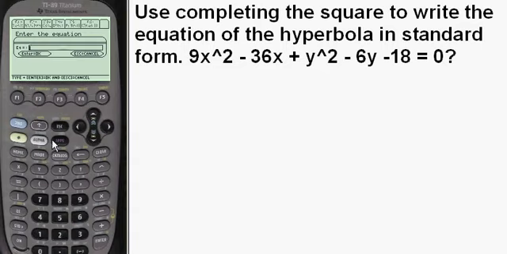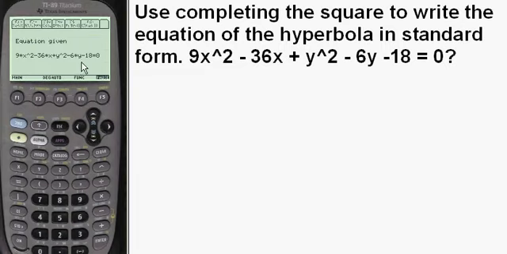You're going to press alpha first to enter the equation. I've already entered it here, but you'd put in 9x squared minus 36 times x. Press the times before these. 9 times, not just put in 9x squared, but put in times, etc. 6 times y, and minus 8 equals 0. So you're going to enter all that just like here.